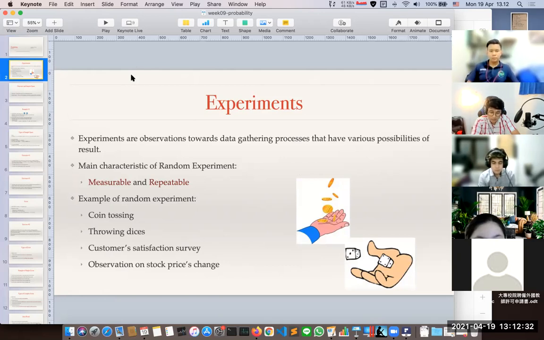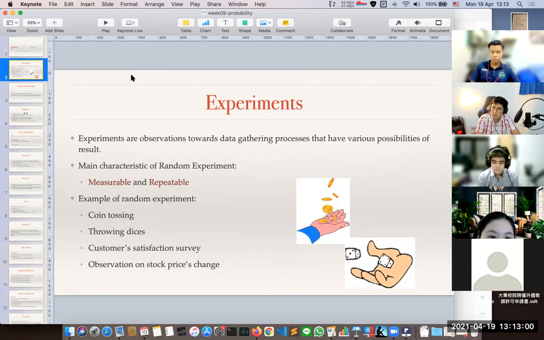Earlier, when I gave you one coin, you had only two outcomes, whether it will show up heads or tails. Both of them have the same chance, right? 50% it will show up heads, 50% it will show up tails.